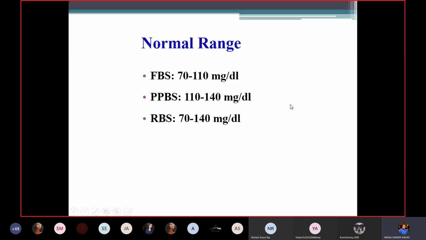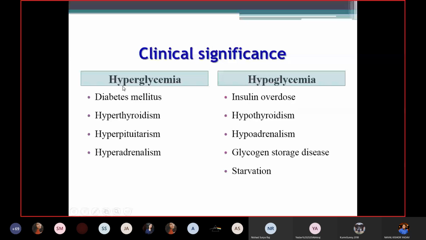Then for the clinical significance, you have to mention hyperglycemia and hypoglycemia. You may not be able to write all the clinical significance, but at least 3 or 4 you have to mention. Hyperglycemia: diabetes, hyperadrenalism.